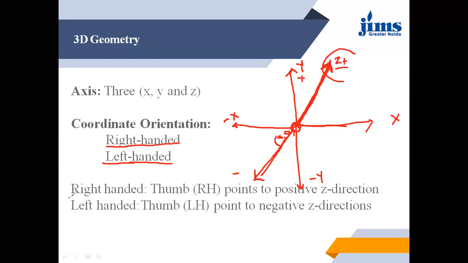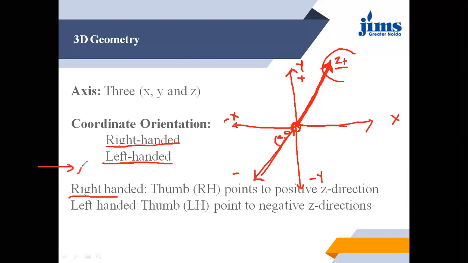So in right handed, we assume that the third axis is on the thumb.